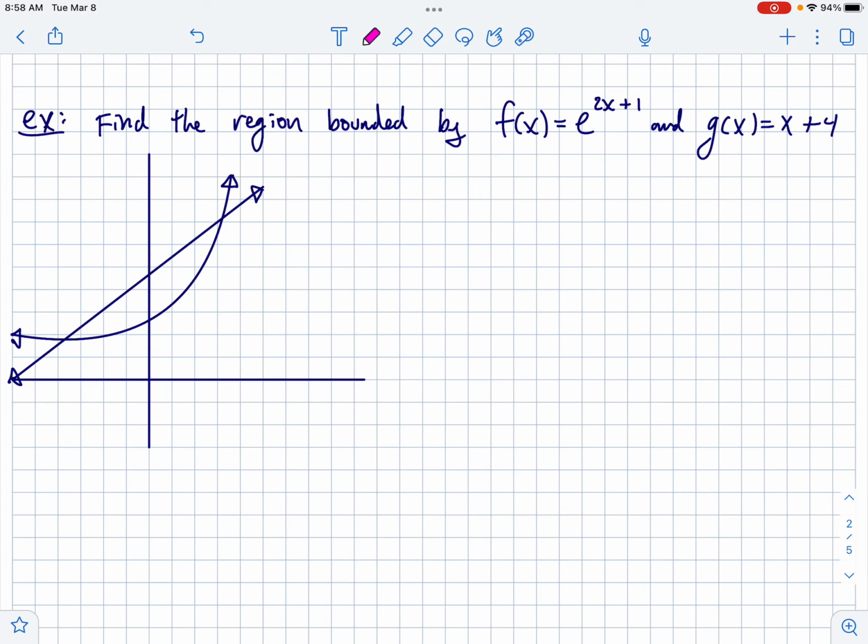Now, if we try to find the area bounded by these two curves, first of all, if you put this into y1 in your graphing calculator and then put this into y2, you get a picture that looks like this. There's a linear, there's an exponential, and then there's an area between them right here.